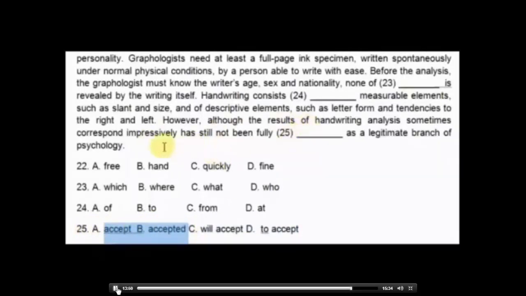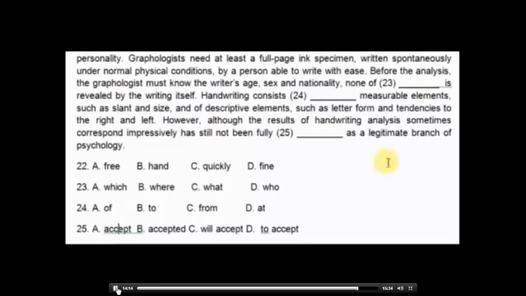Now let's review the sentence. Impressively has still not been fully blank as a legitimate branch of psychology. Accept. When we use the present simple, it's something that happens repeatedly or something that is true or a fact. ¿A qué me refiero? Yo puedo decir, yo acepto mis errores.